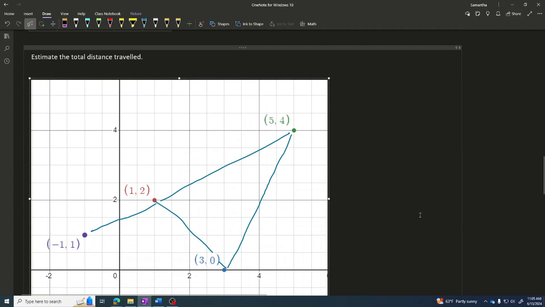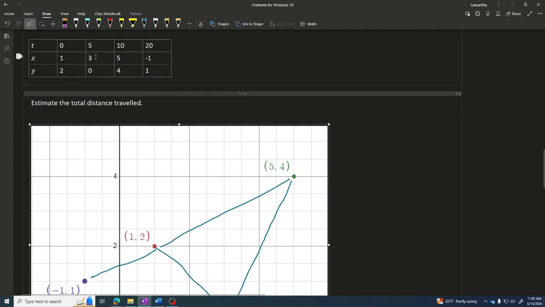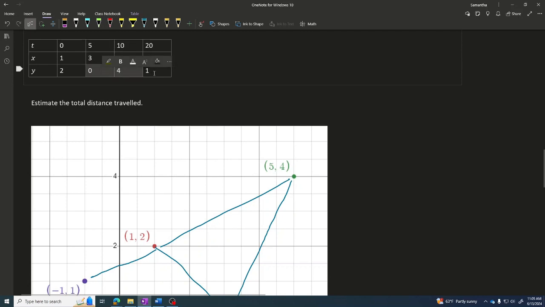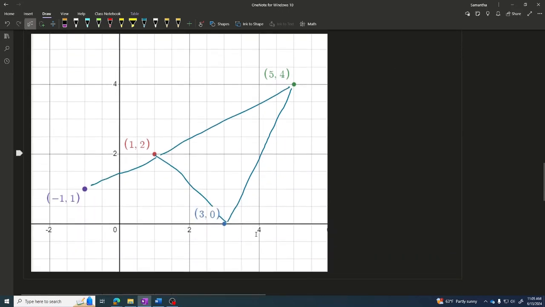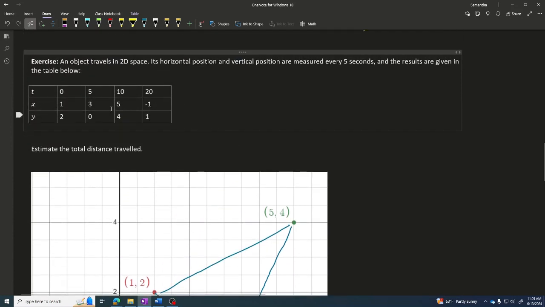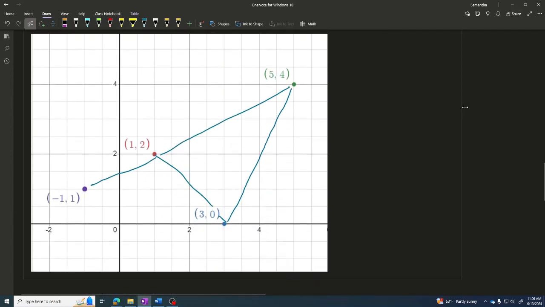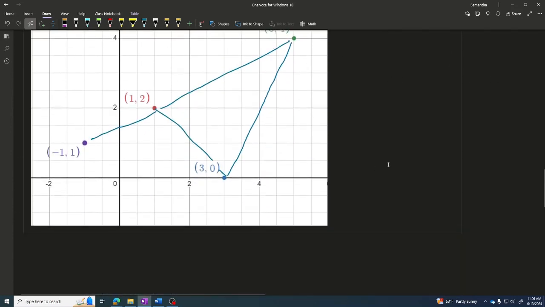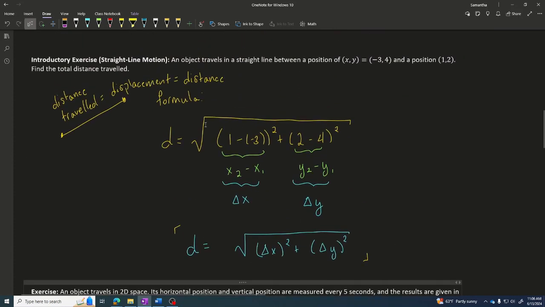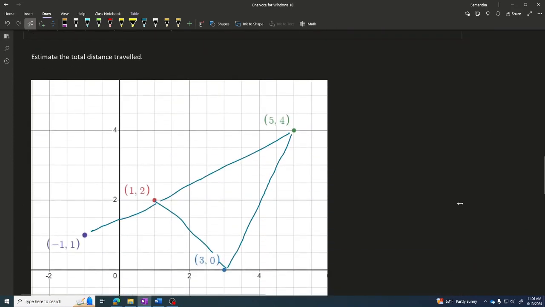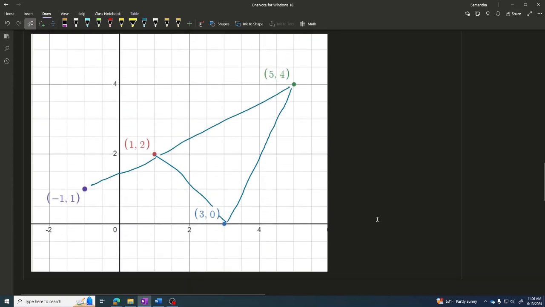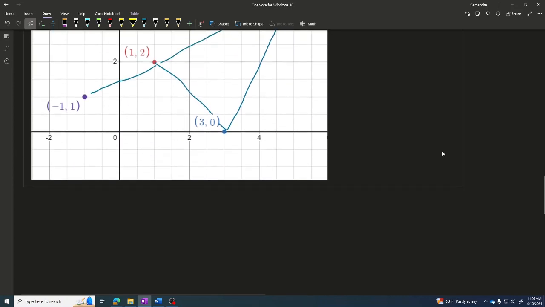So now that I have split up this object's journey into 3 separate pieces, and I've treated the object as if it were moving on a straight line between each of these 4 checkpoints, I'm going to use that assumption and the distance formula in order to calculate, or at least estimate, the total distance traveled by this object.